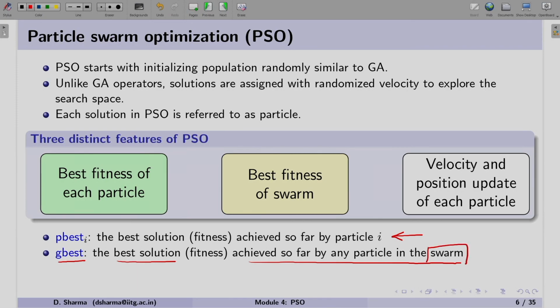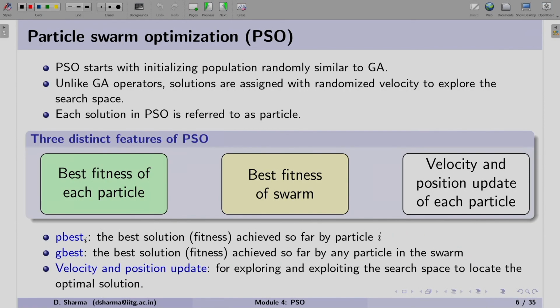So we are looking at this particular swarm in its totality. Again, to find the G best, we have to look at the fitness of the solution. And finally, the velocity and position update is for exploring and exploiting the search space. This velocity and position update will help us to locate the optimal solution.